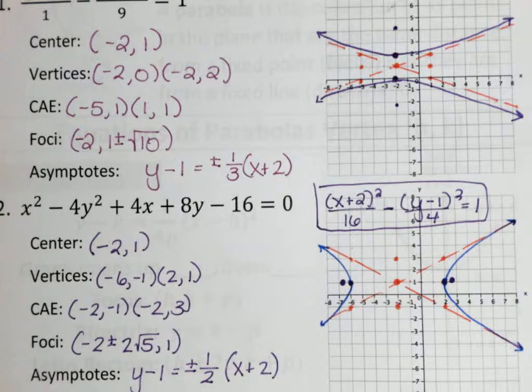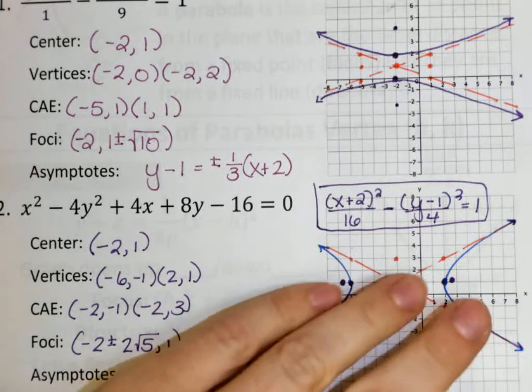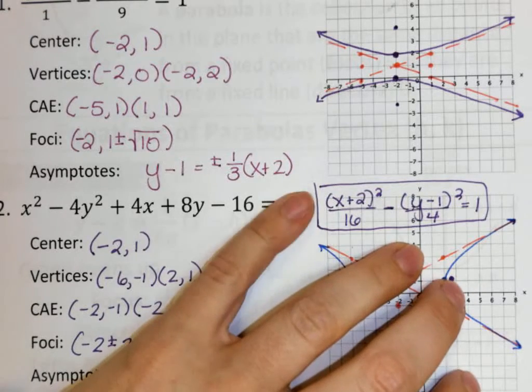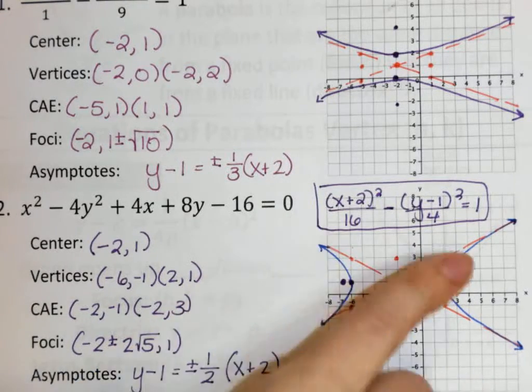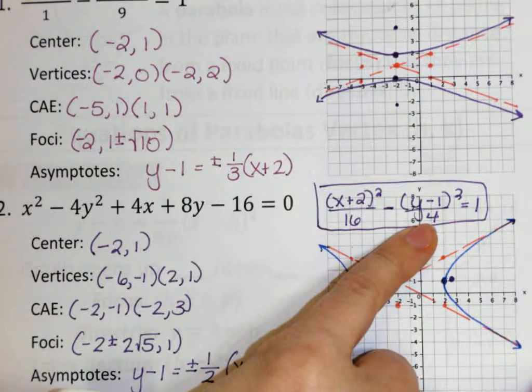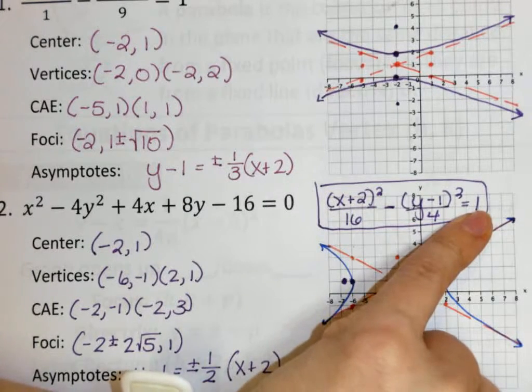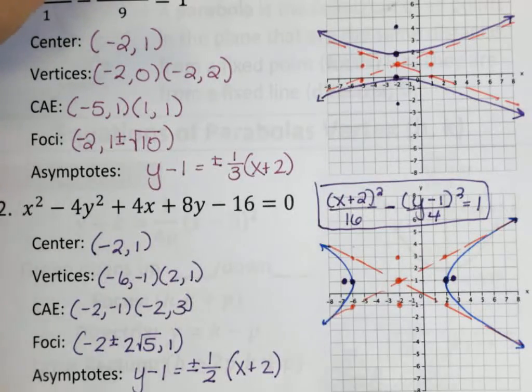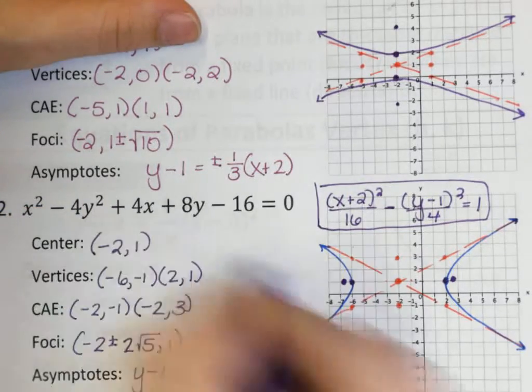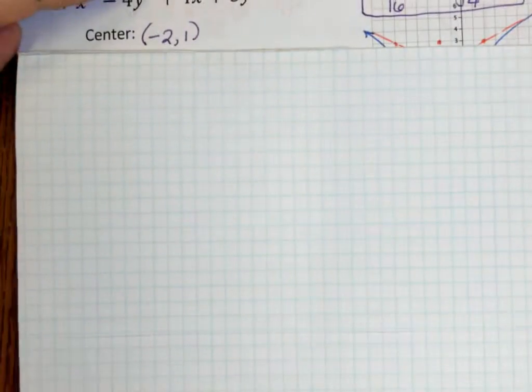Okay, so on the second one, I did not get 16 under. What did you have underneath? 4. And what did you have underneath on the other one? 1. What did you have on this side before you divided? 4 divided. Uh-huh, 4. That's why. Because when you complete the square on this one, let me pull this separately and we'll work it from the beginning.